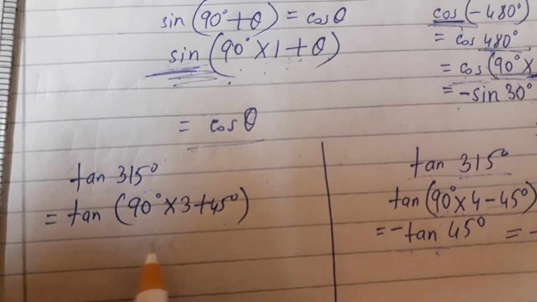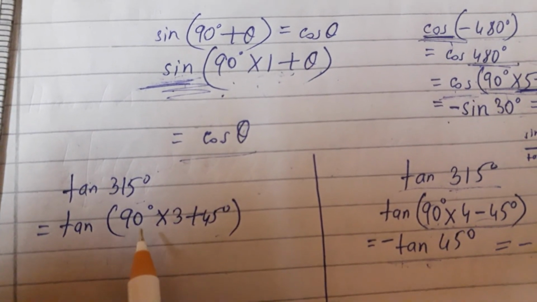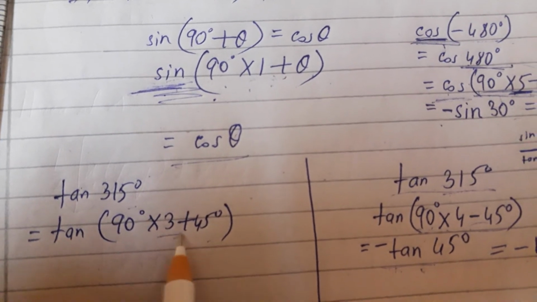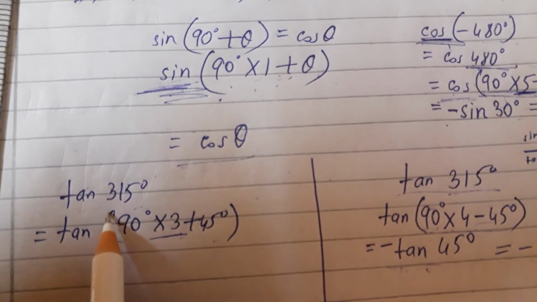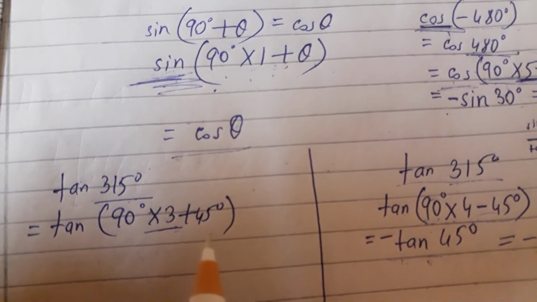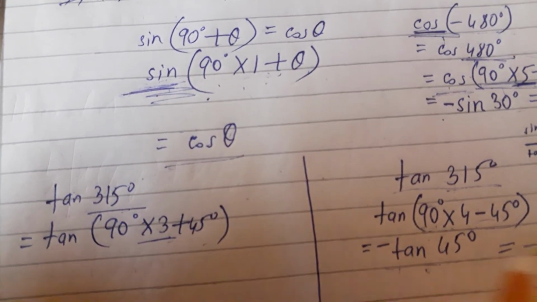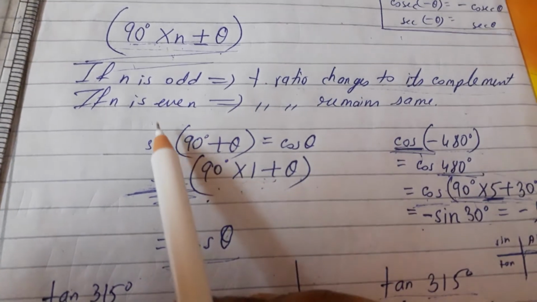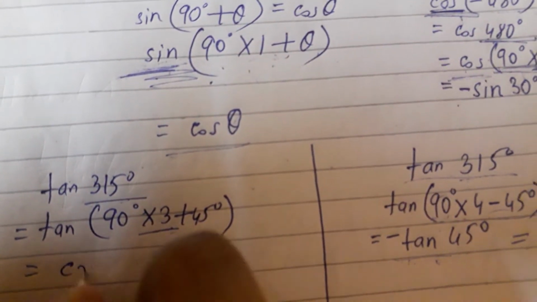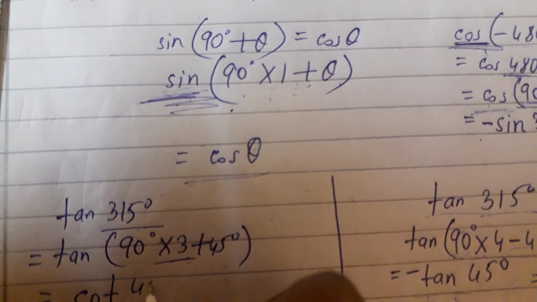In the other way, you have written it 90 degree into 3 plus 45 degree. First you have to expand the angle, then you have to determine the function which you have to write in the answer. See here, 90 into 3 is odd, so the trigonometric ratio will change to its complement, that is, the answer will be in the cot function, cot 45 degree.